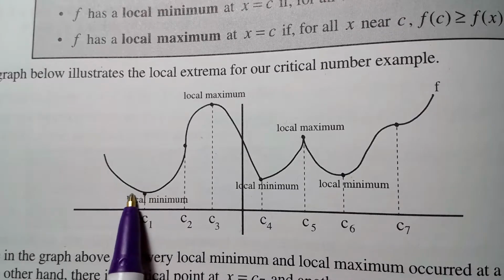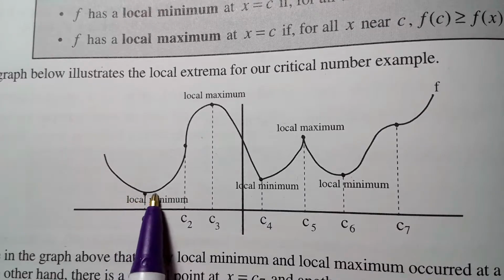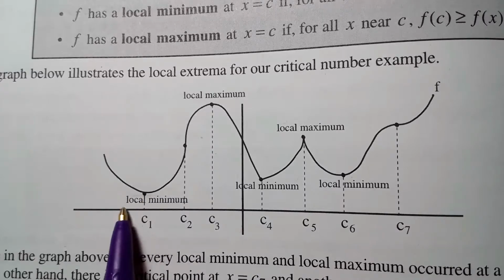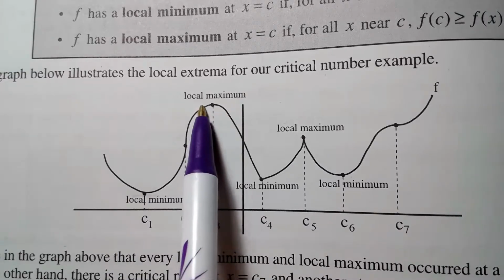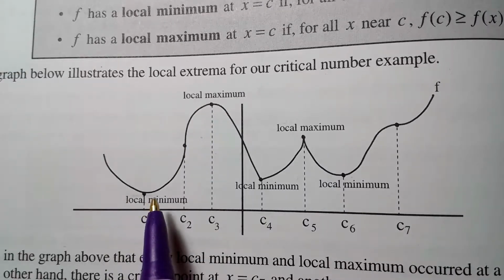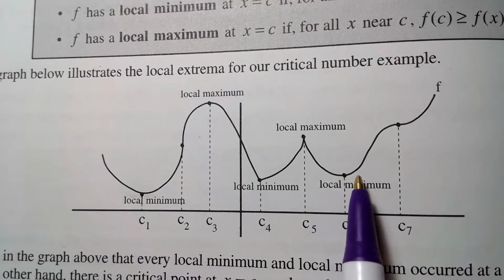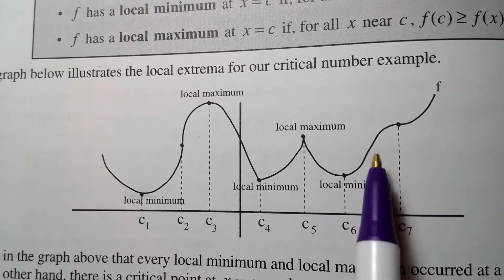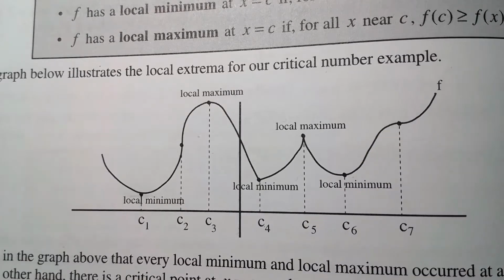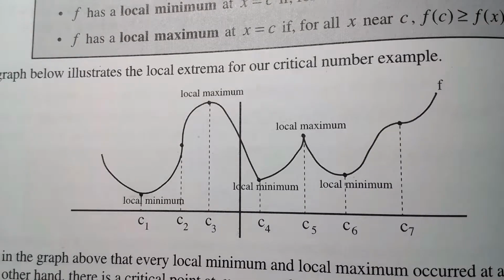The derivative is going to equal 0 here at c sub 1, here at c sub 3, here at c sub 6, and here at c sub 7. Okay, so I know that those are going to be critical numbers.